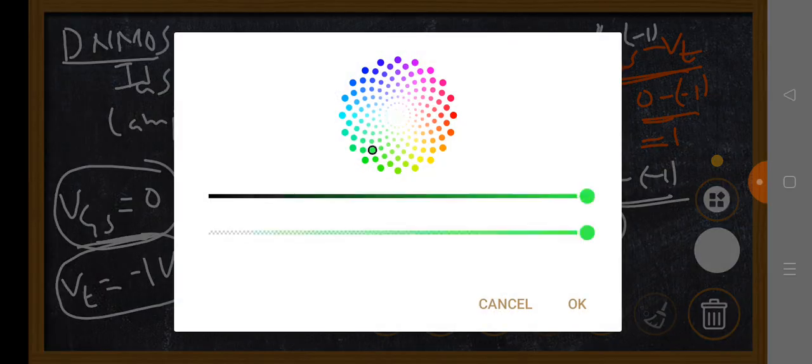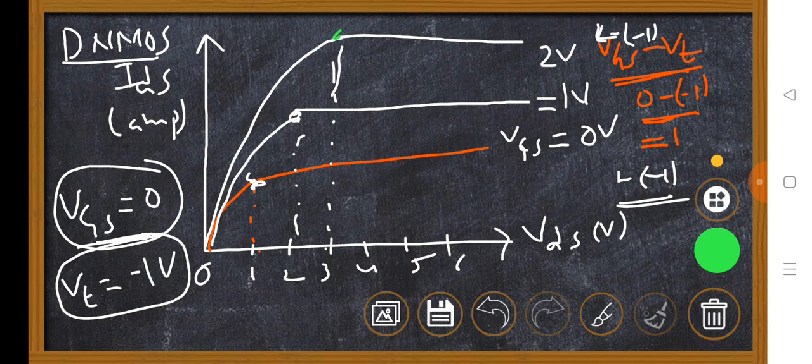Now the question here is, if you are increasing the positive potential, the current is going to increase. What happens if you decrease the potential? Now let's take minus 0.5 as your VGS. Now observe very carefully.